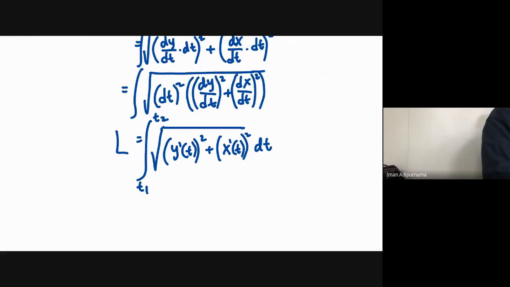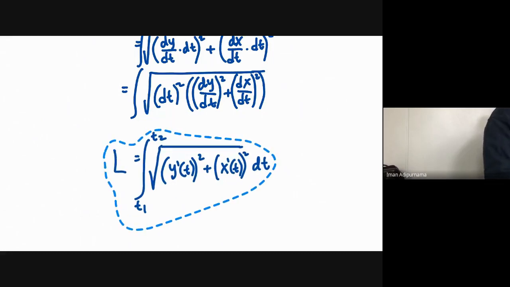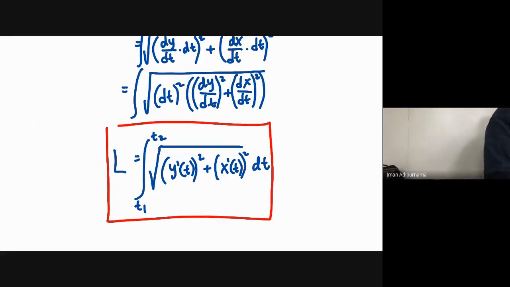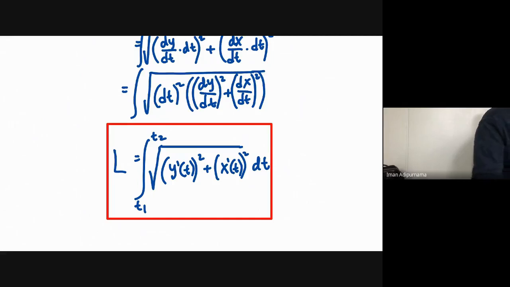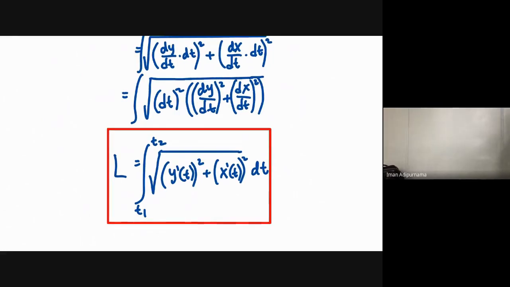This is L. Now we have the arc length in parametric form. We need to include both y prime and x prime, square them, take the square root, and integrate all with respect to dt.